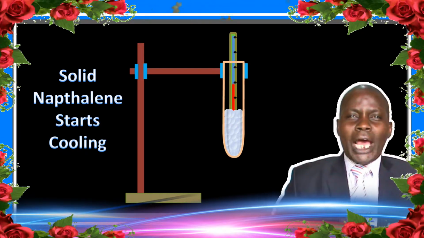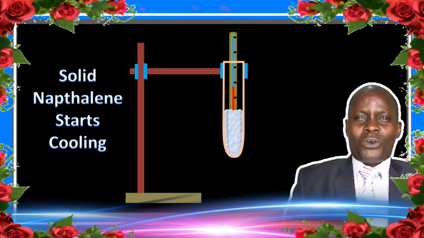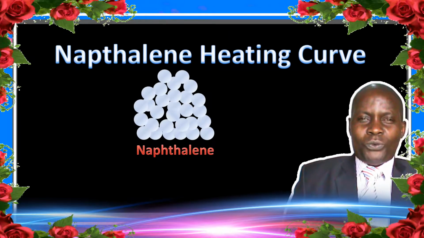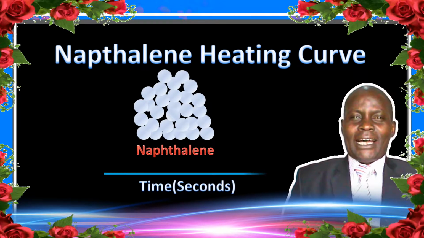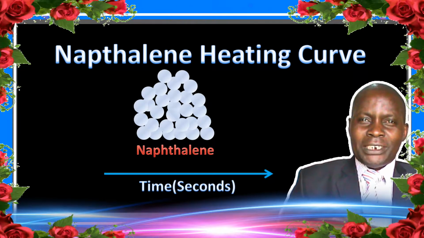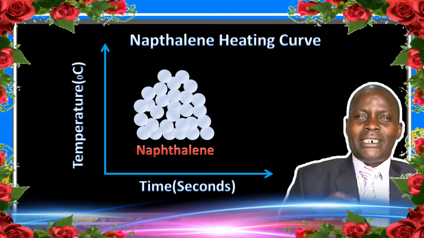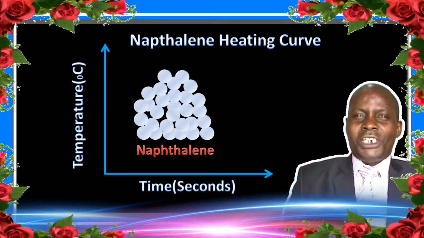Now, all that process can be represented on a graph. We shall have our x-axis, which will represent the change in time in seconds, and then the y-axis, which is going to represent the change in temperature.